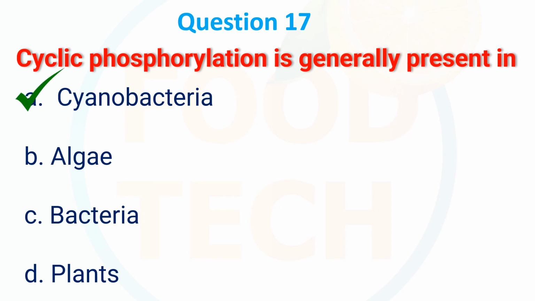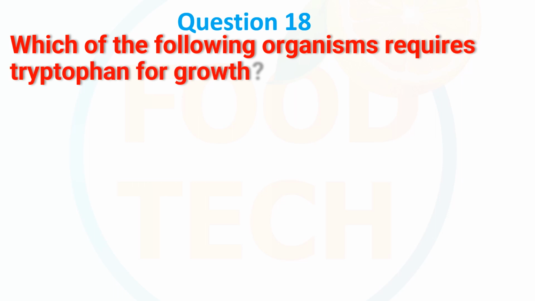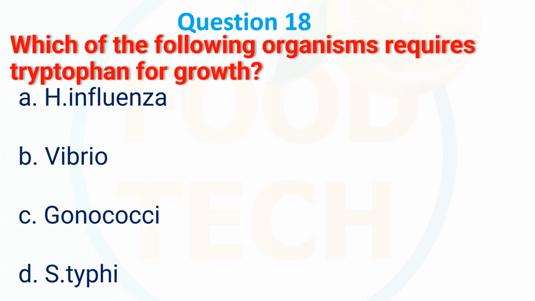The answer is A. Cyanobacteria. Which of the following organisms requires tryptophan for growth? A. H. influenzae, B. Vibrio, C. gonococcus, D. S. typhi. The answer is D. S. typhi.